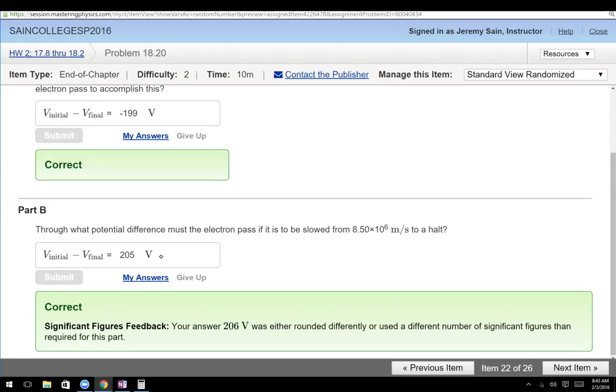So normally you would think, oh, higher potential means less energy, but actually no. So that's all you need to remember: when an electron moves to a higher potential, it actually speeds up, and that's because it's an electron. The charge is negative.